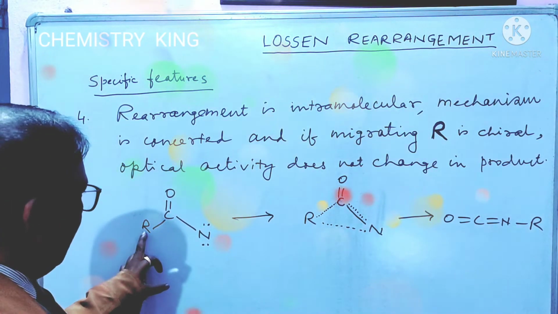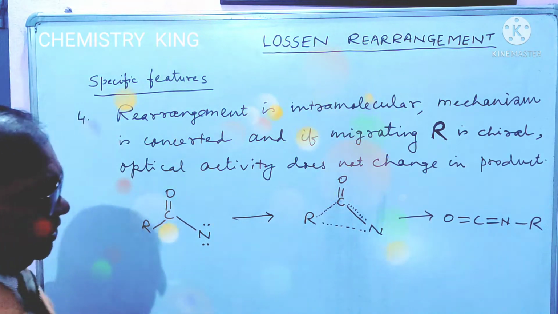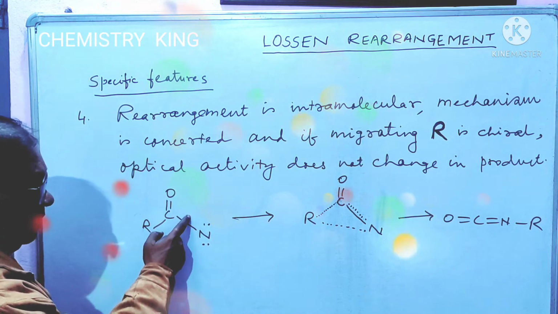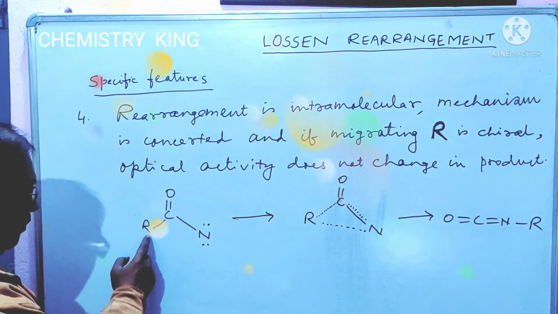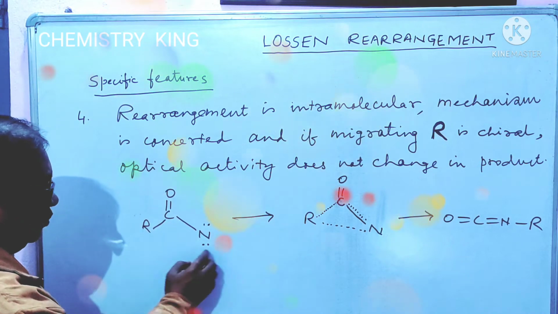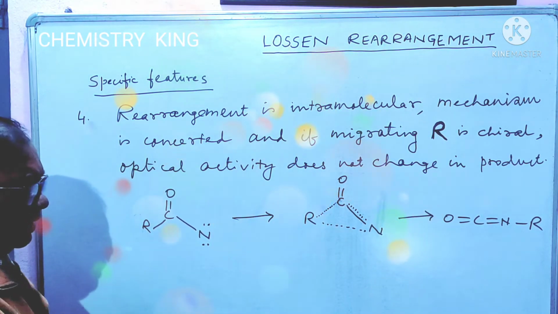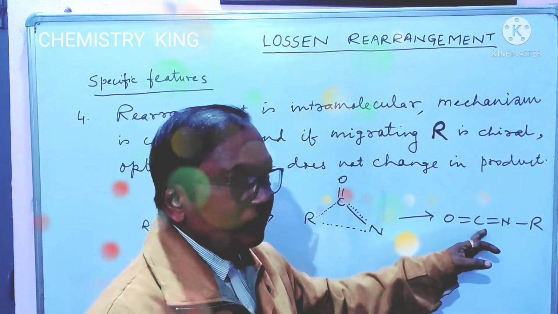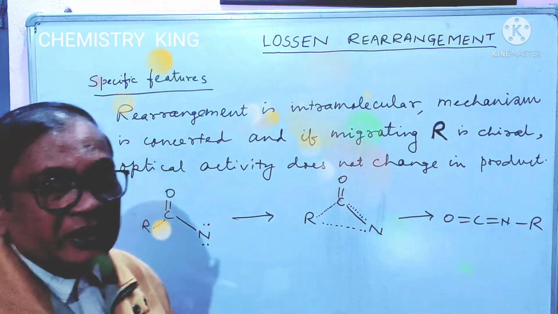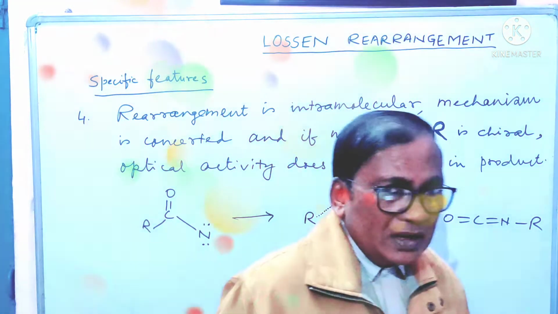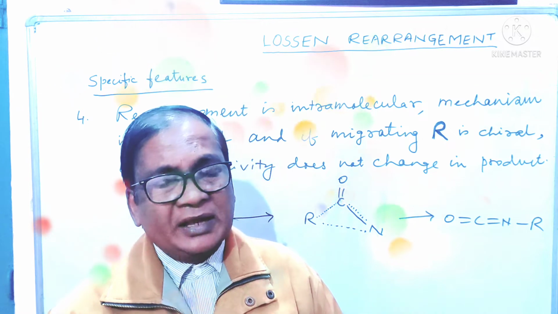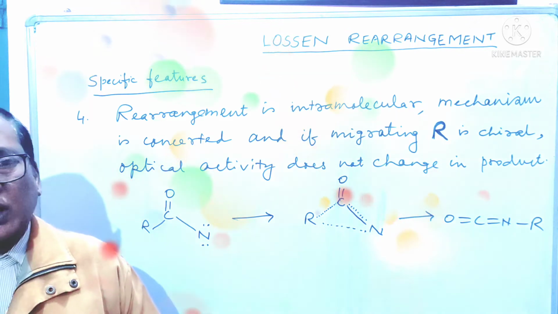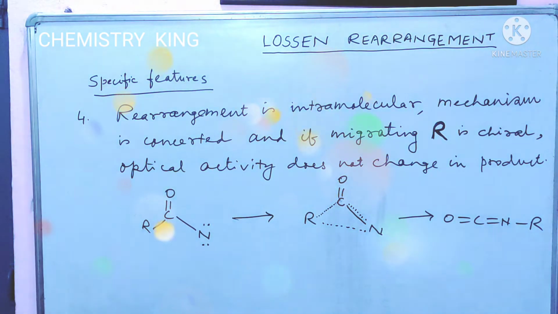R comes from here to here. Actually it is the transition state. Making of this double bond and migration of this R from here to here with this bond take place simultaneously, and you will get this. Therefore the configuration of R does not change, and that's why I have said that the optical activity of the product will not change.